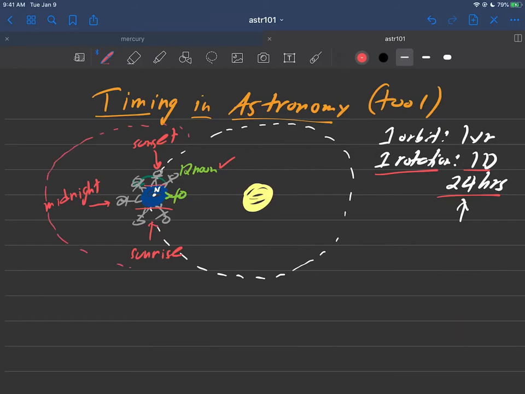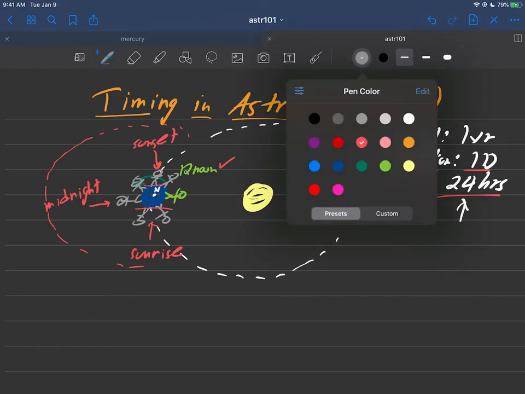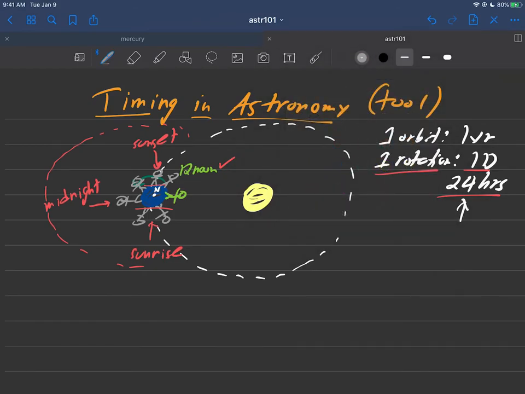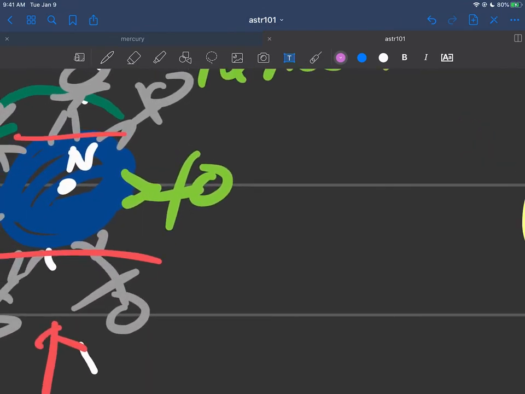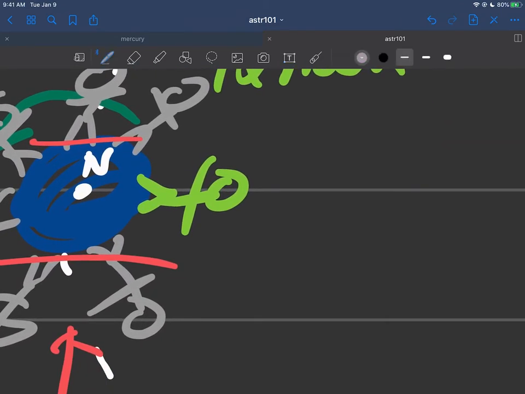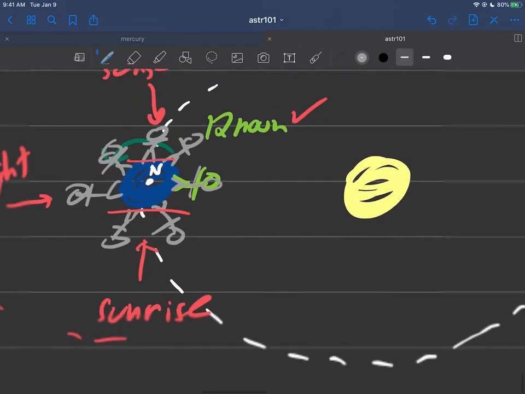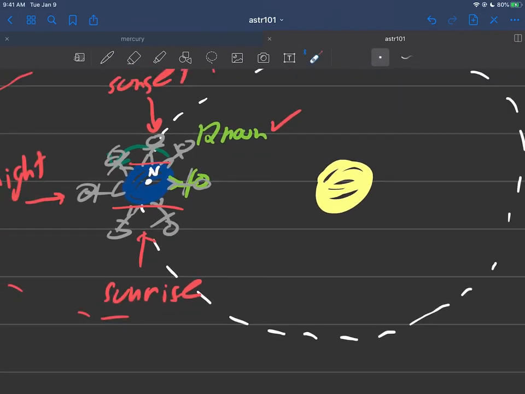The Earth rotates, and then at some point, I'll stick with the gray for a minute, I'll try and draw it right next to this original person right here, the gray person is back in this position again, and of course they see the sun at the highest spot in the sky again. So it's noon once again for us. So maybe let's draw that in, noon right here.